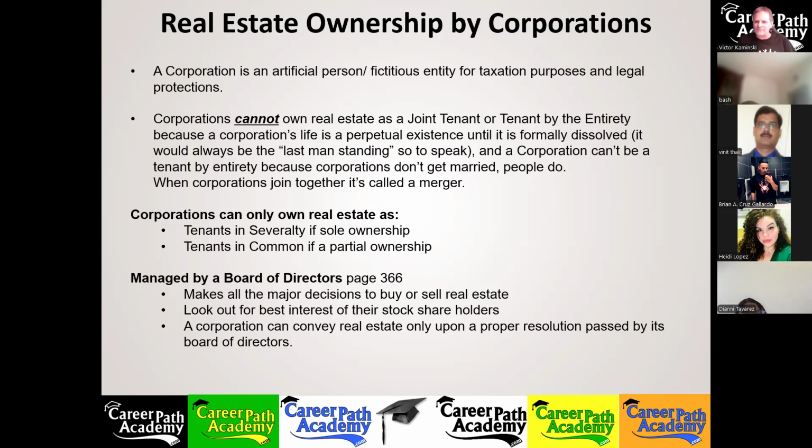Because if it just goes out of business, where does the lender stand with their loan? They could chase after the business, but if the business has nothing, they're not going to get anything. This is why they want personal guarantees from the borrowers, maybe the owners of the business, to personally guarantee the loan, not just the business. That's how you go about getting loans for these businesses.